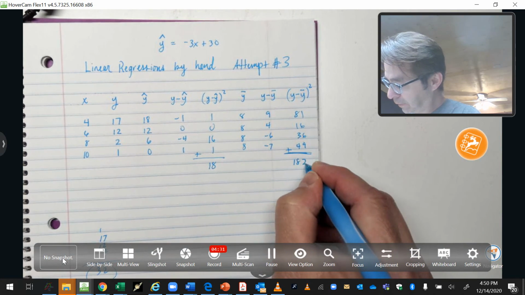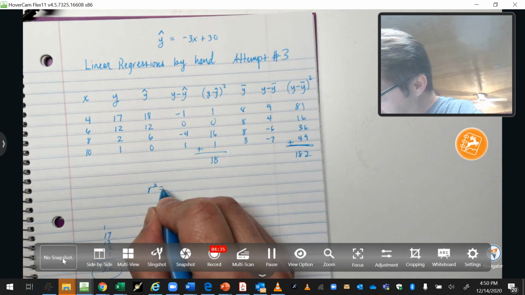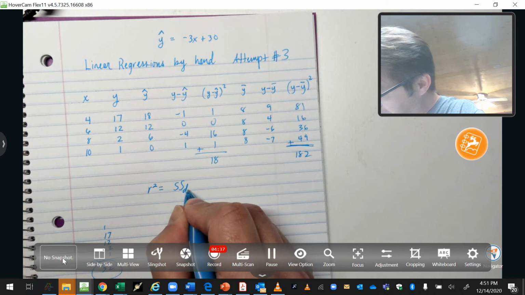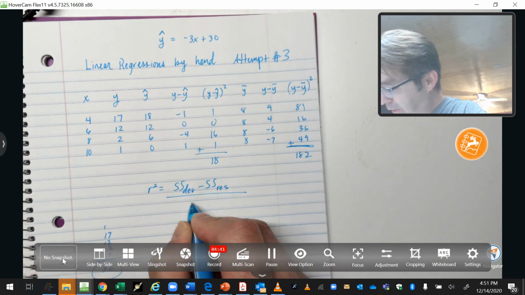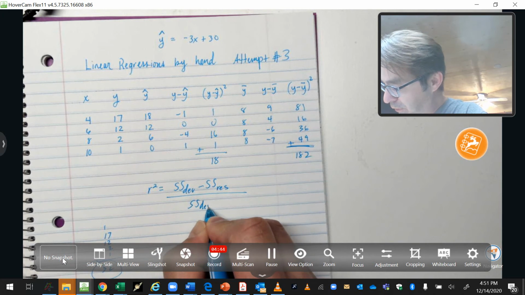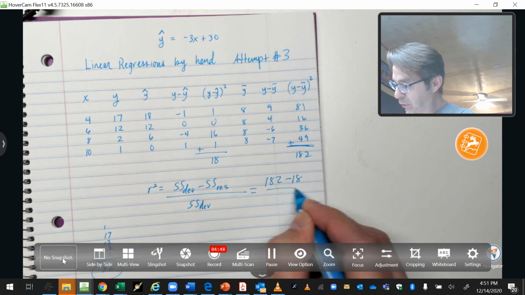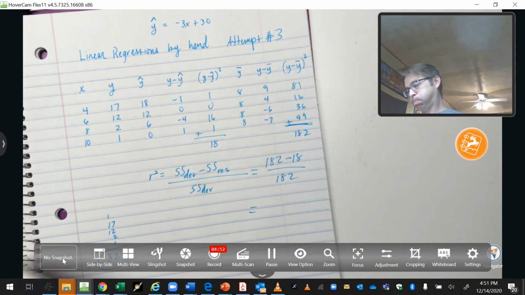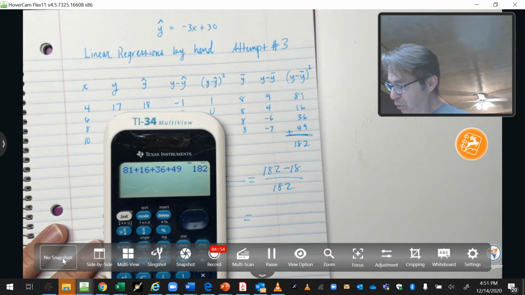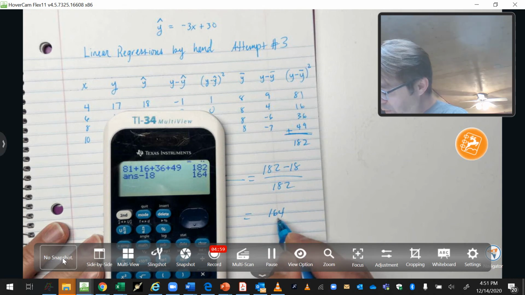Okay, and then r squared is equal to the sum of the squares of the deviations minus the sum of the squares of the residuals, divided by the sum of the squares of the deviations. So we got 182 minus 18 over 182. 164 over 182.